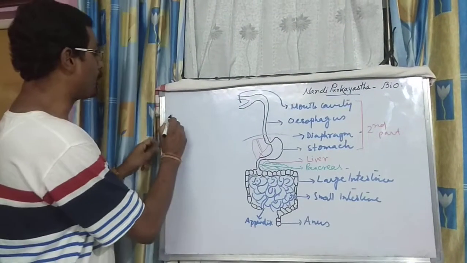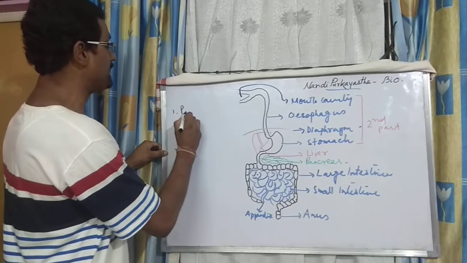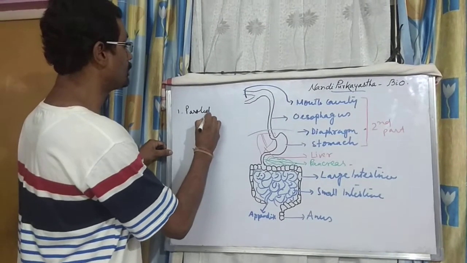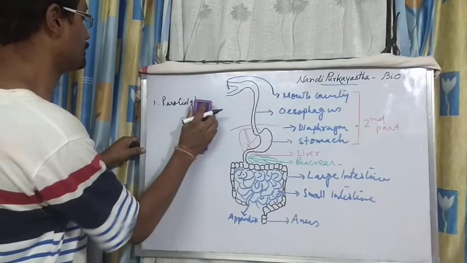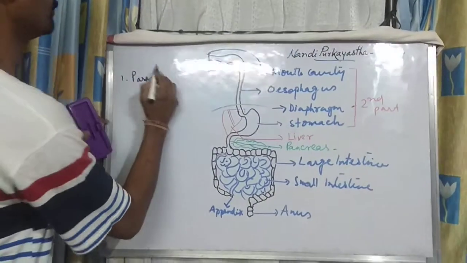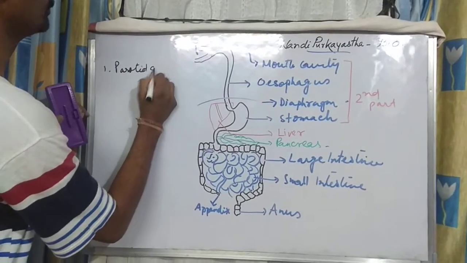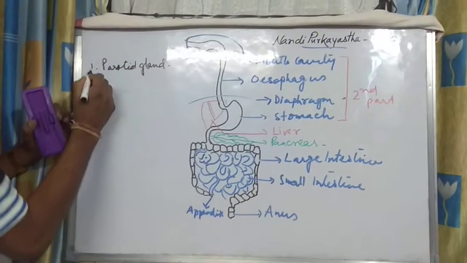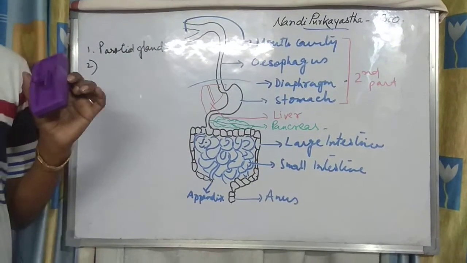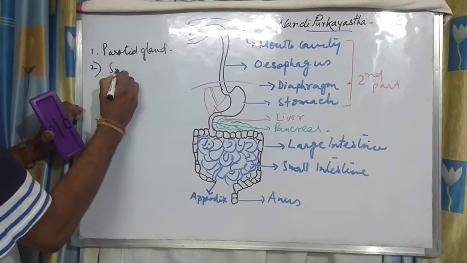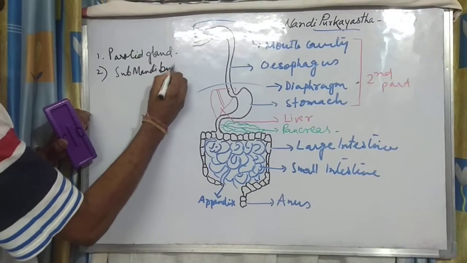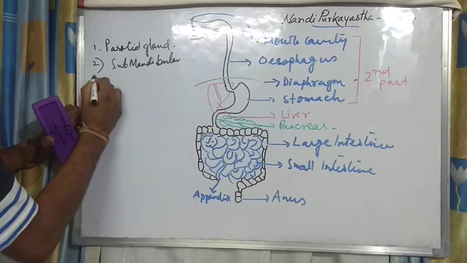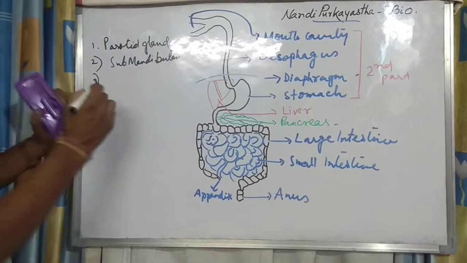Number one, I'm writing parotid gland. Number two, submandibular gland. Number three, sublingual gland.